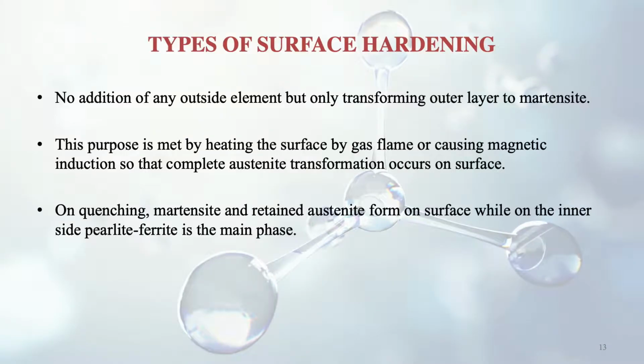That way complete martensite will form, and we will not require any additional carbon or nitrogen. On quenching, martensite and retained austenite form on the surface, while on the inner side pearlite and ferrite will be the main phases. Obviously ferrite is softer, so it has to be there if we want a softer core.